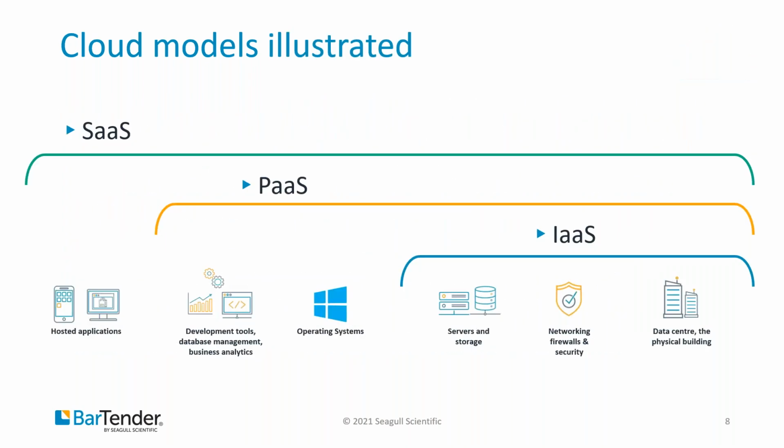So we have here in diagrammatic form that perhaps makes this more clear. If we look at the bottom with IaaS, we can see the physical building and the infrastructure of that building in terms of the data center, physical building where the servers are located, networking, firewalls, and security. So you've got your routers, your either hardware or software firewalls, load balancers, failover devices, all of that good stuff that highly available servers require.